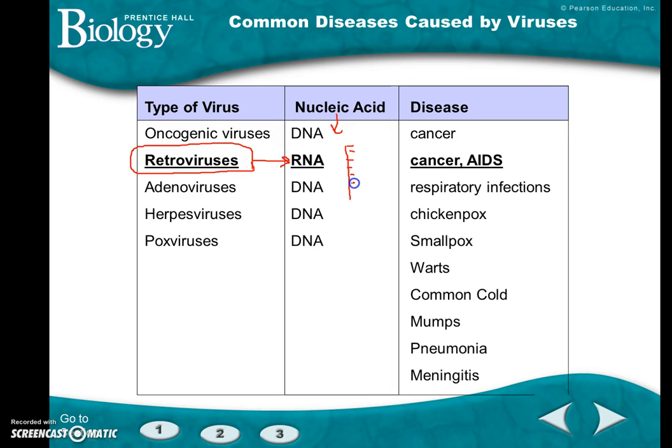So when it makes copies of itself, since there's not another side to double check that it's right, the RNA will mutate or have mistakes more often, and therefore it evolves faster, and it's sometimes hard for us to make medicines to treat it because the virus keeps changing.